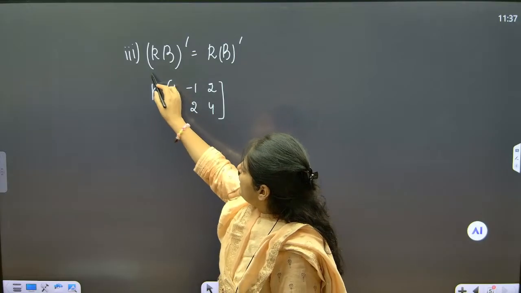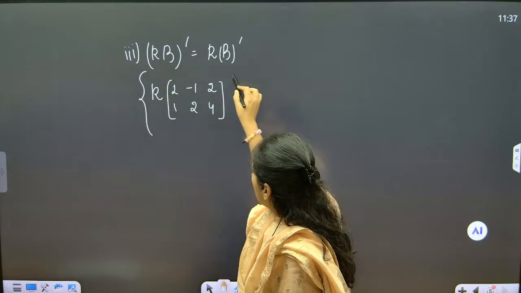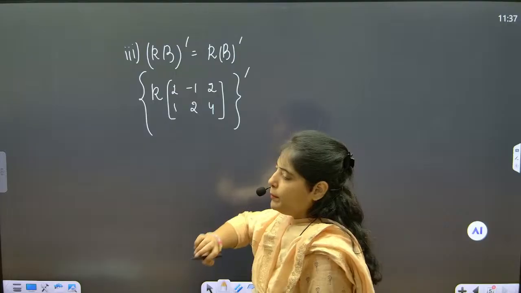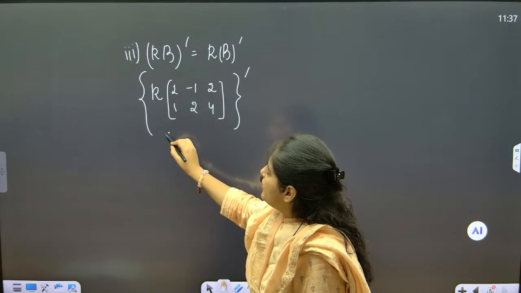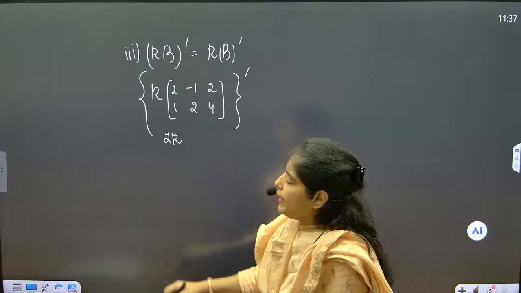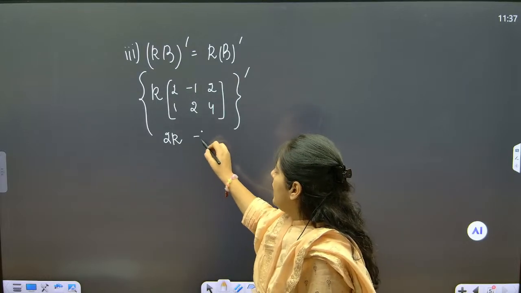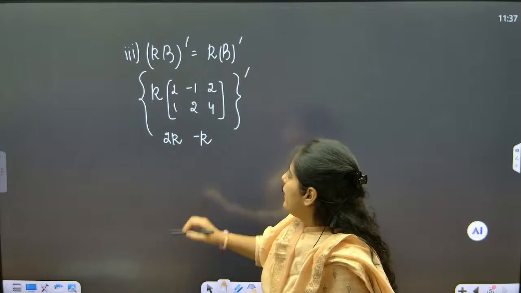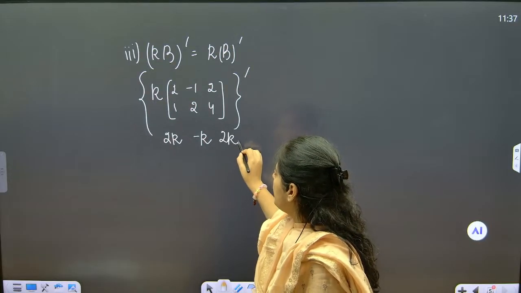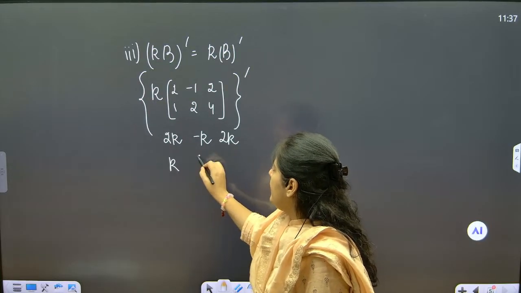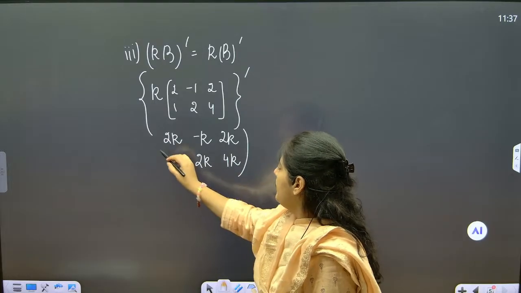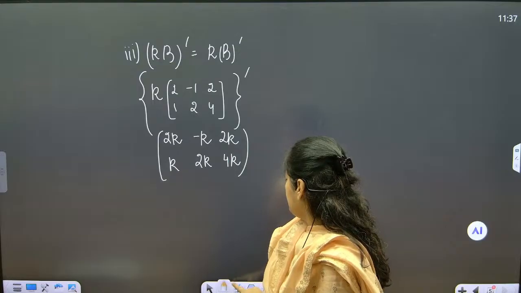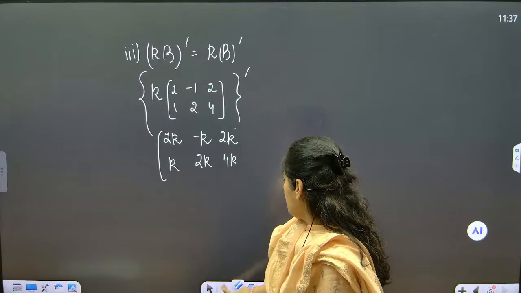K of B, full transpose I have to apply. Now K into B, first multiply: 2 into K is 2K, K into 1 is K, 2 into K is 2K, K, 2K, 4K, full transpose.